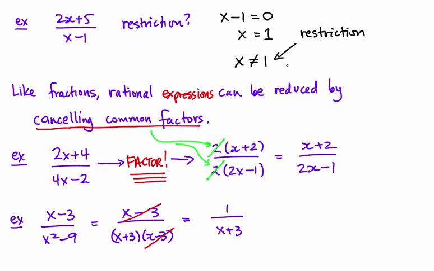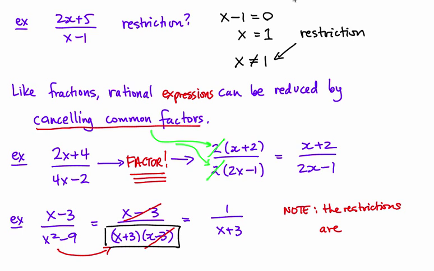A little side note: the restrictions on this one are easily seen at this step here. The denominator could be equal to 0 if x is equal to -3 from this piece, or if x is equal to +3 from this piece.